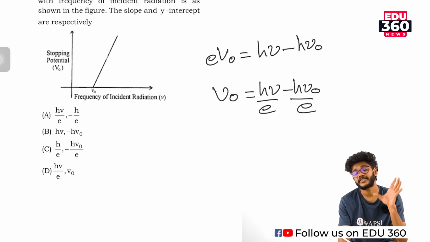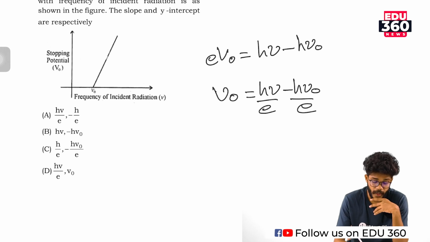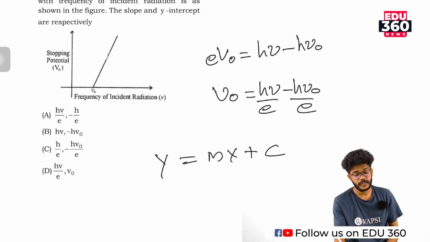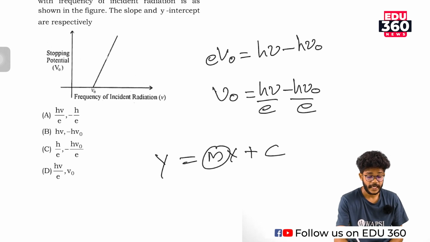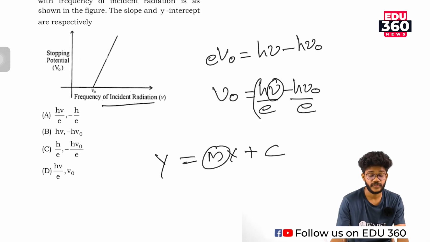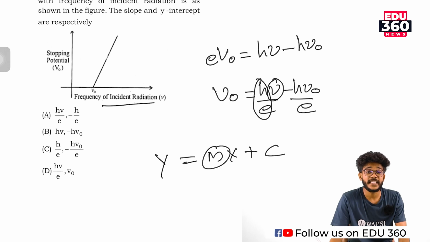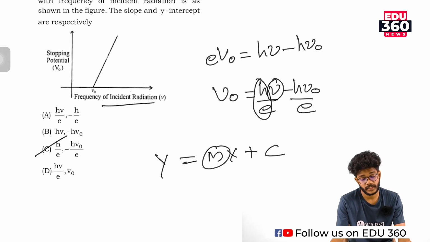What is the standard equation for a line? y is equal to mx plus c. What is m? The slope. Here nu, the frequency, is on the x-axis, so the coefficient of nu, h by e, is the slope. h by e is only in option C.